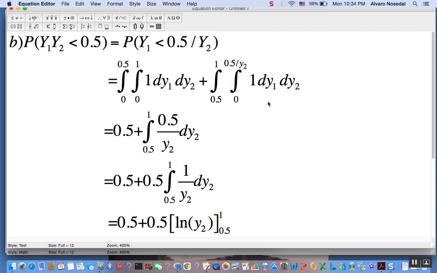We can see that the ideas are basically the same as in the univariate case, but now instead of finding areas, we're finding volumes, and that's why we're using double integrals.